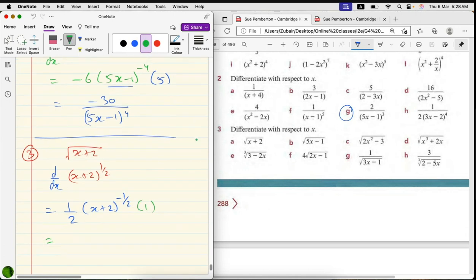If you notice, these types of questions will have 1 over 2 always, and whatever is here comes down, x plus 2, and whatever was inside, the differentiation gets multiplied.